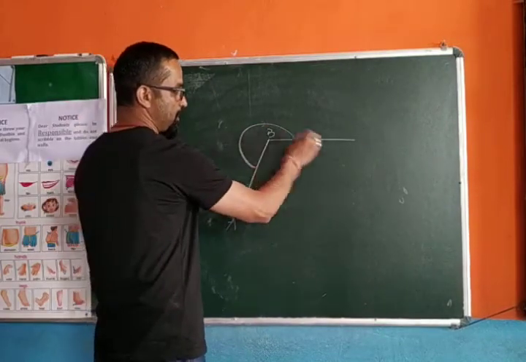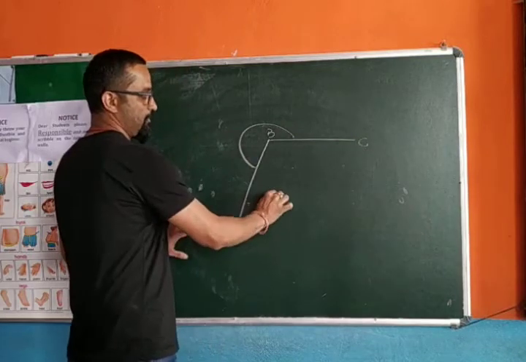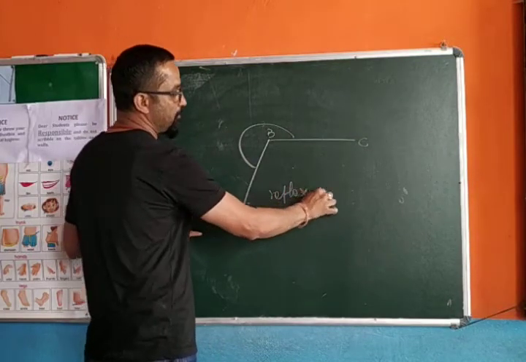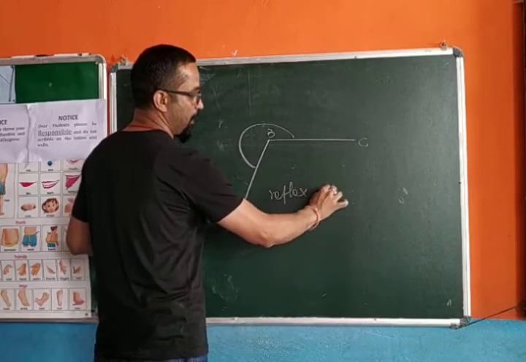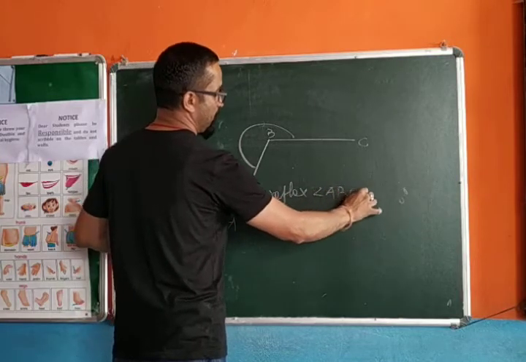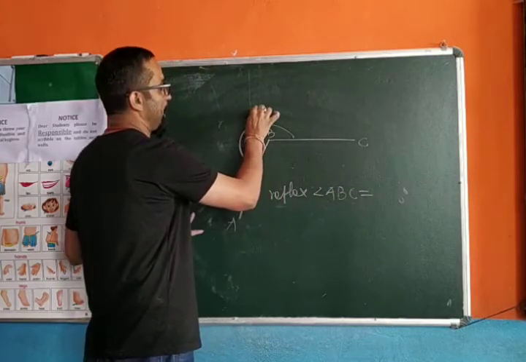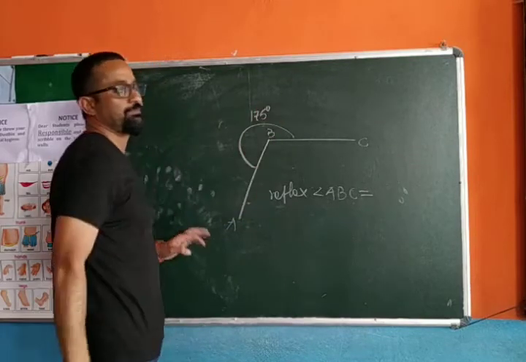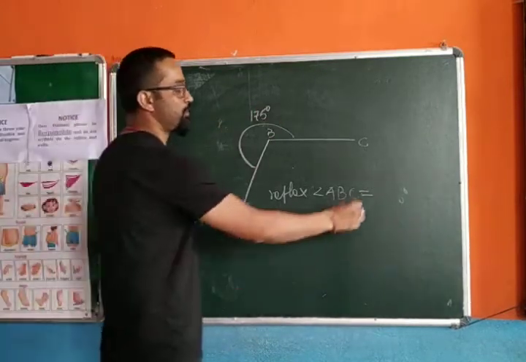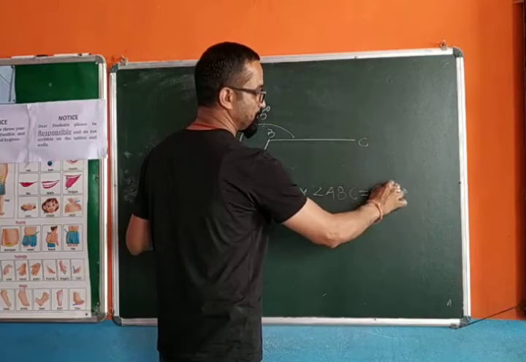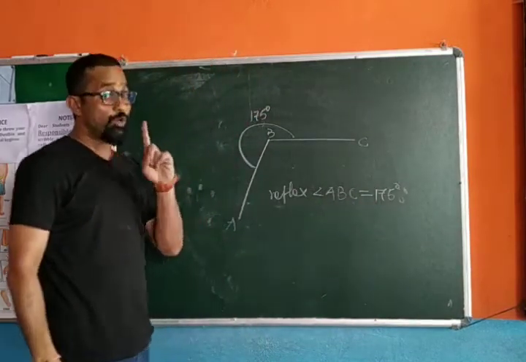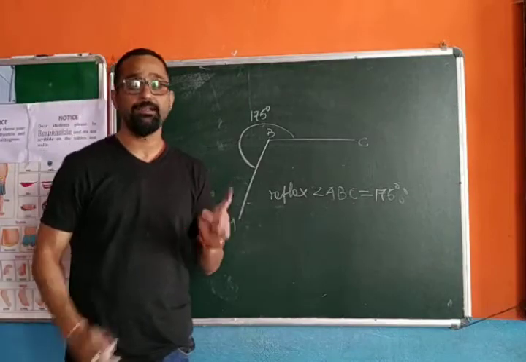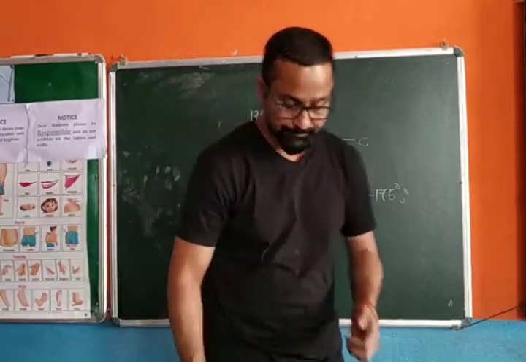A, B, C. Reflex angle ABC. Suppose this is 175 degree. This angle is called reflex angle. More than 180 degree but less than 360 degree.